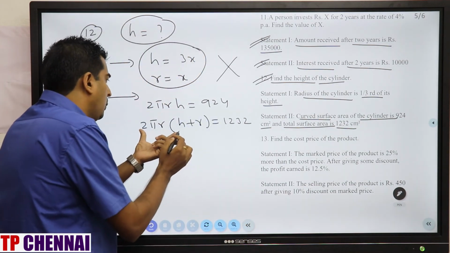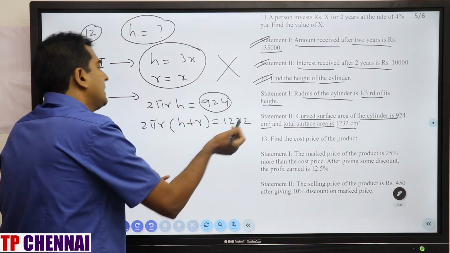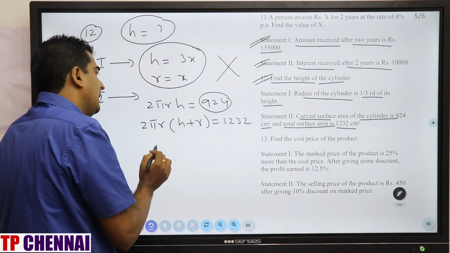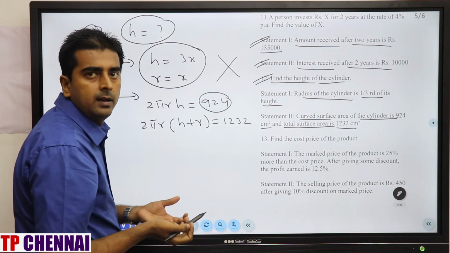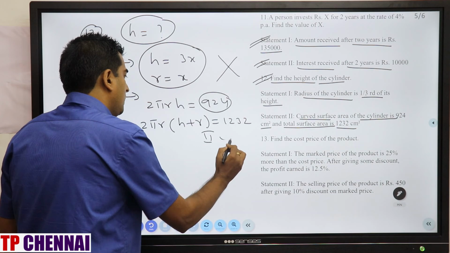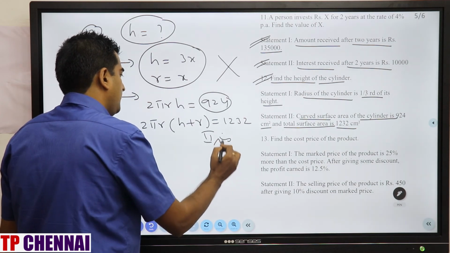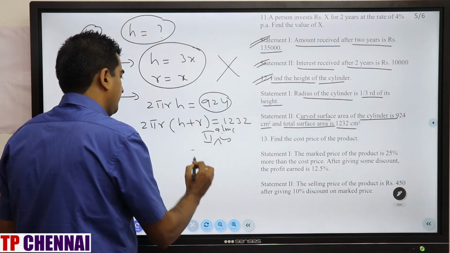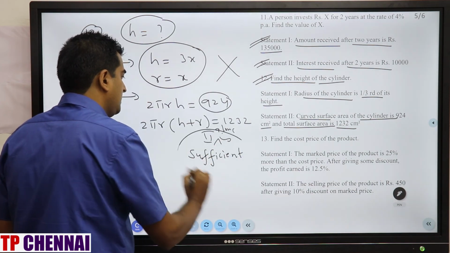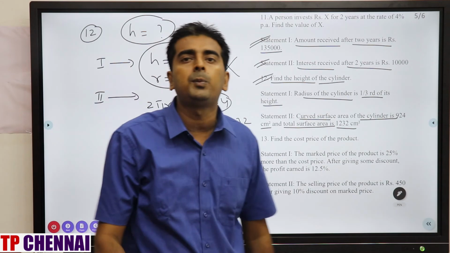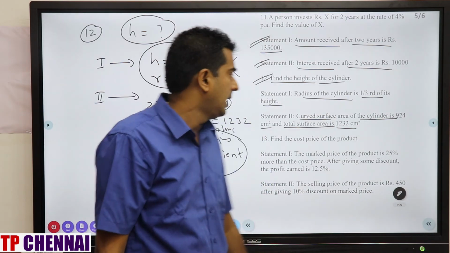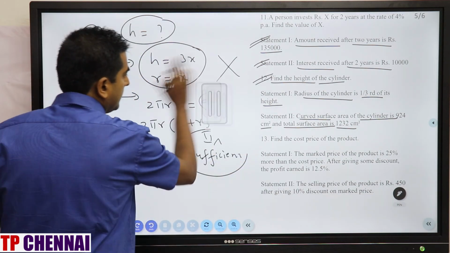I can directly put 2 pi RH as 924, I can get R here, and by using R, if I substitute here, I can get the height only, right? So statement 2 alone is sufficient. This is the beauty of data sufficiency. You are not supposed to calculate, but it's a very tricky question, right? Now we'll see question number 13.